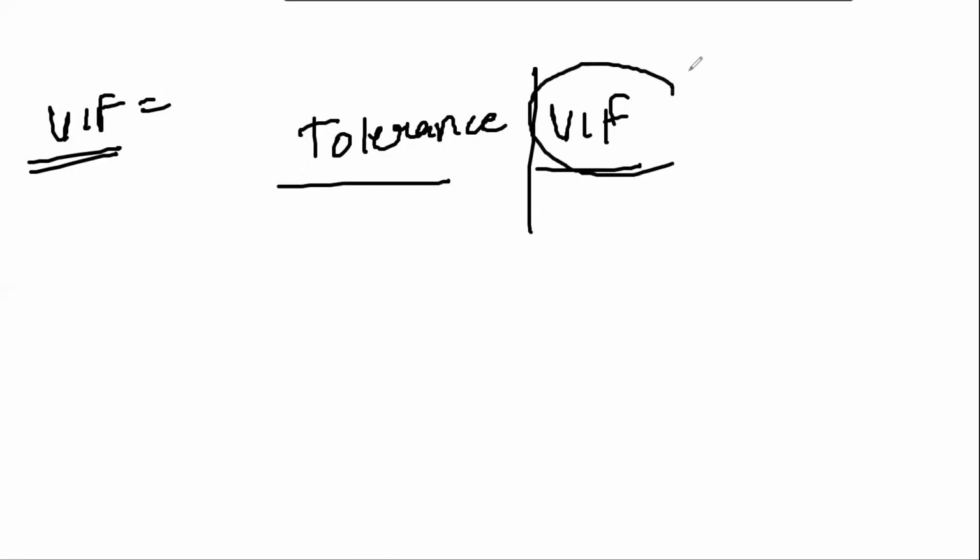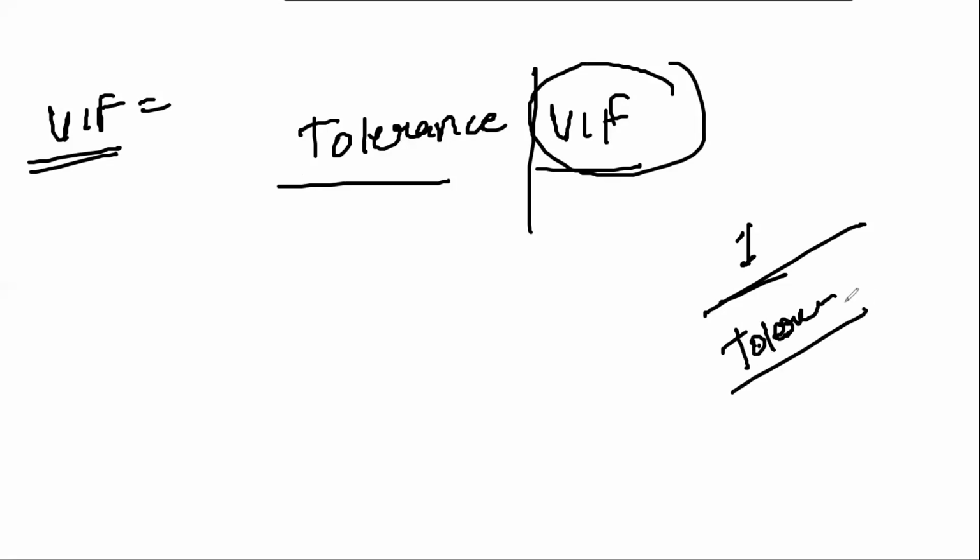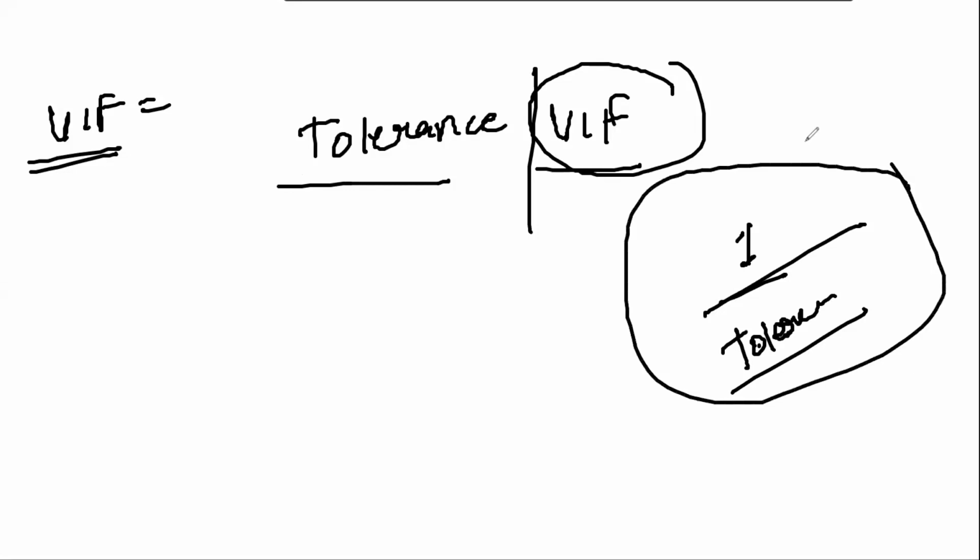The formula of VIF is 1 divided by tolerance, right? The simple formula of VIF. However, in SPSS, it will be calculated automatically. But for the general concept, I have just explained it, right?